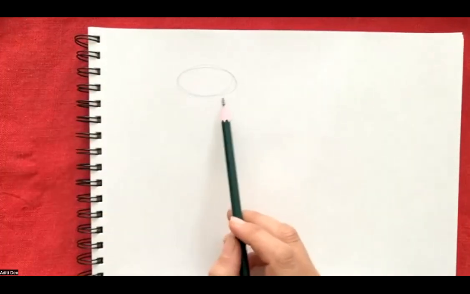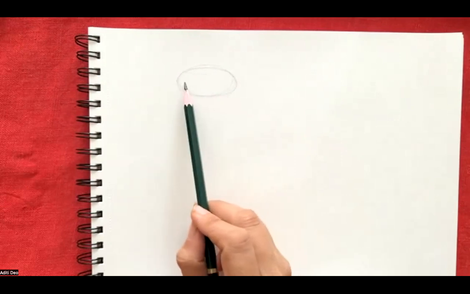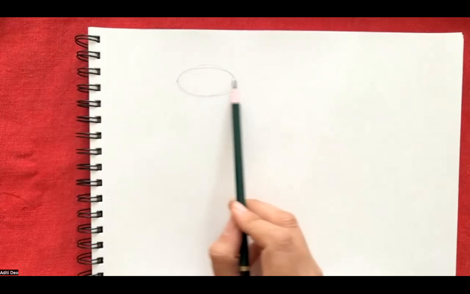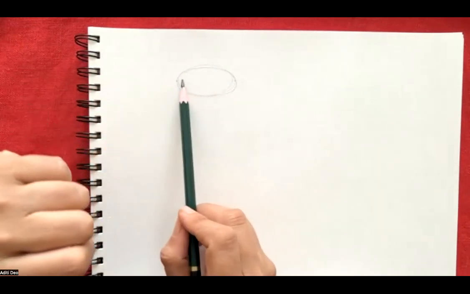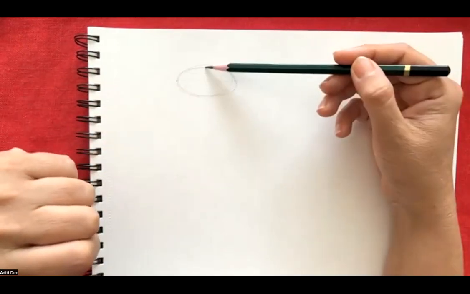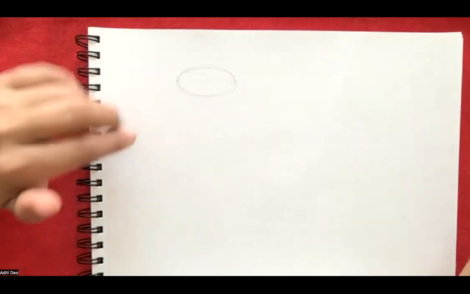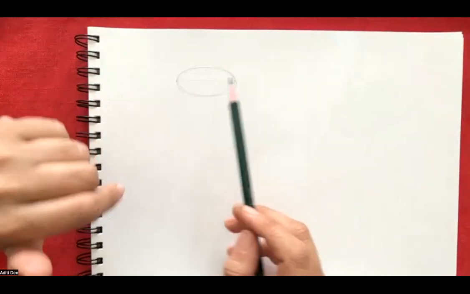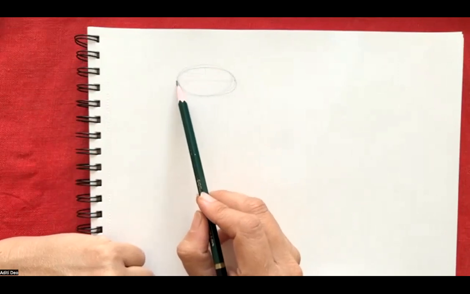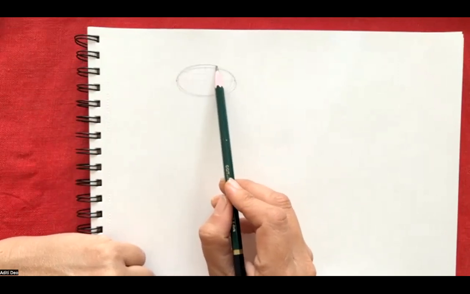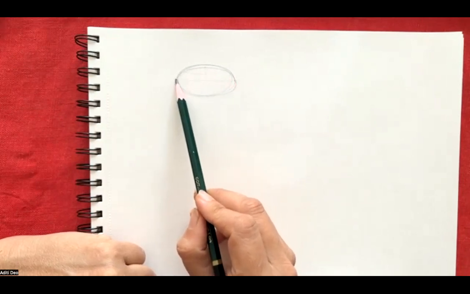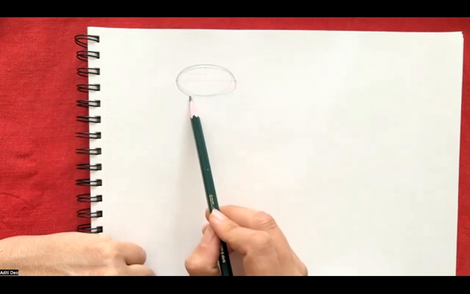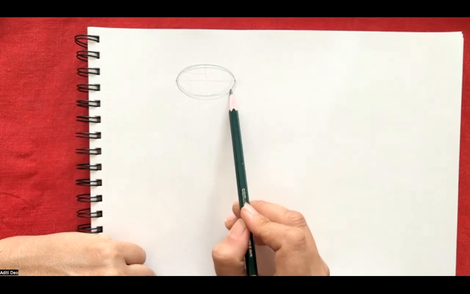After you've drawn even the oval, look at the size or the proportions of the oval. An oval has two important factors, the width and the height ratio. So look at the reference image on your screen, and adjust this size so that it looks like what you see in the reference image.